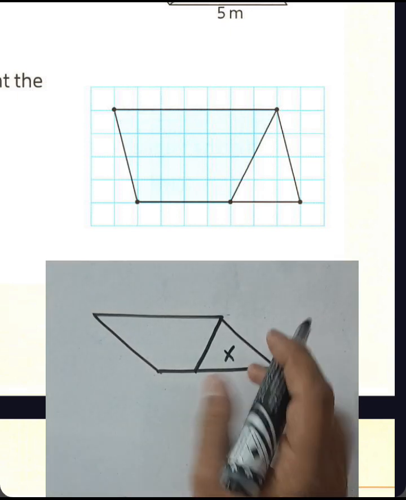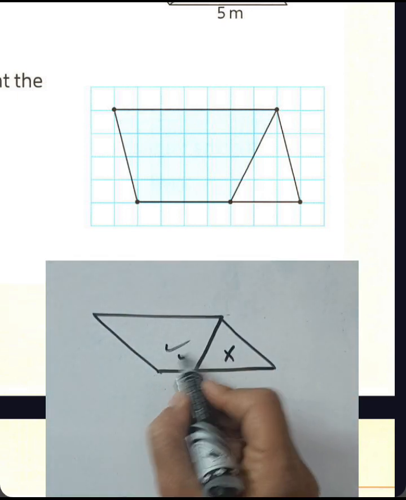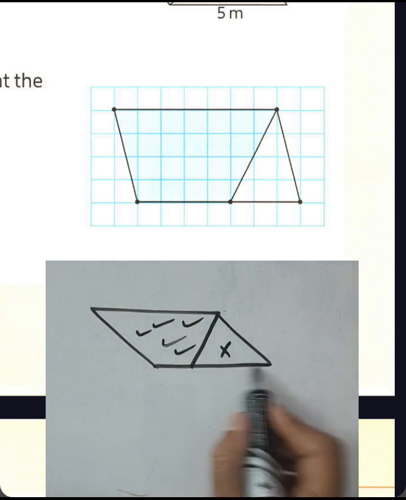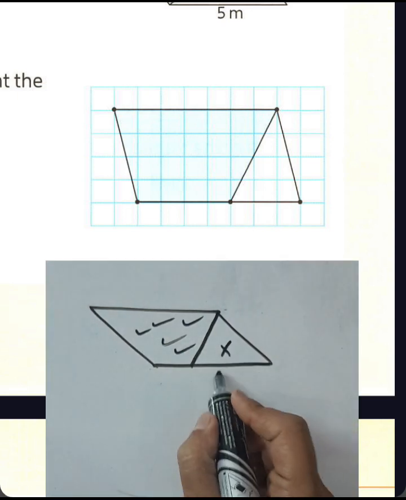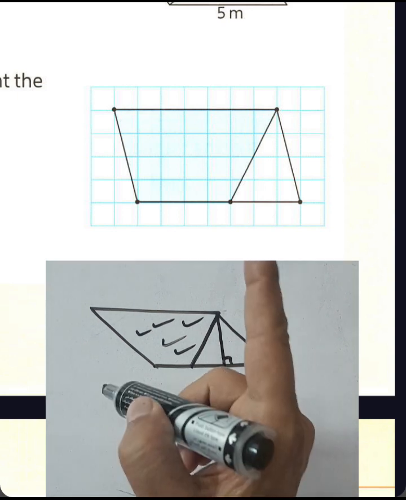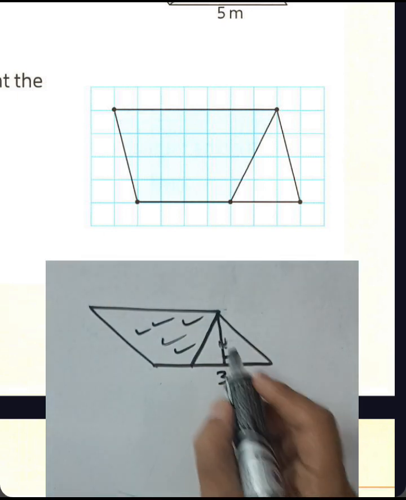If we subtract the area of the triangle from the area of this parallelogram, we can find the area of this trapezium. Then we must know the base here and the corresponding height. Count with me, 1 2 3. 3 units in the base, and the corresponding height here will be what? Count with me, 1 2 3 4. Okay, this height was 4 units.